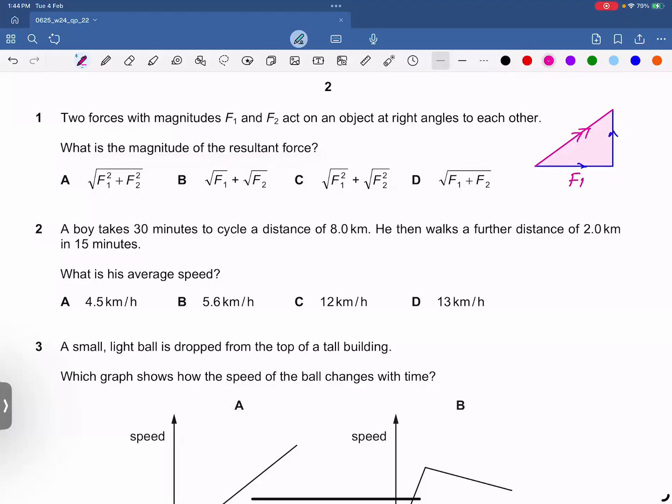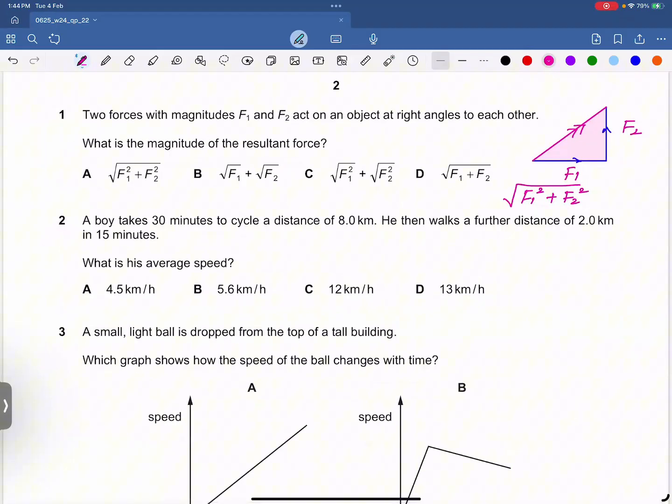If this is F1 and this is F2, you will do F1 squared plus F2 squared, and then the square root. The right option is the square root of F1 squared plus F2 squared, option A. Apply Pythagoras theorem for forces at right angles.